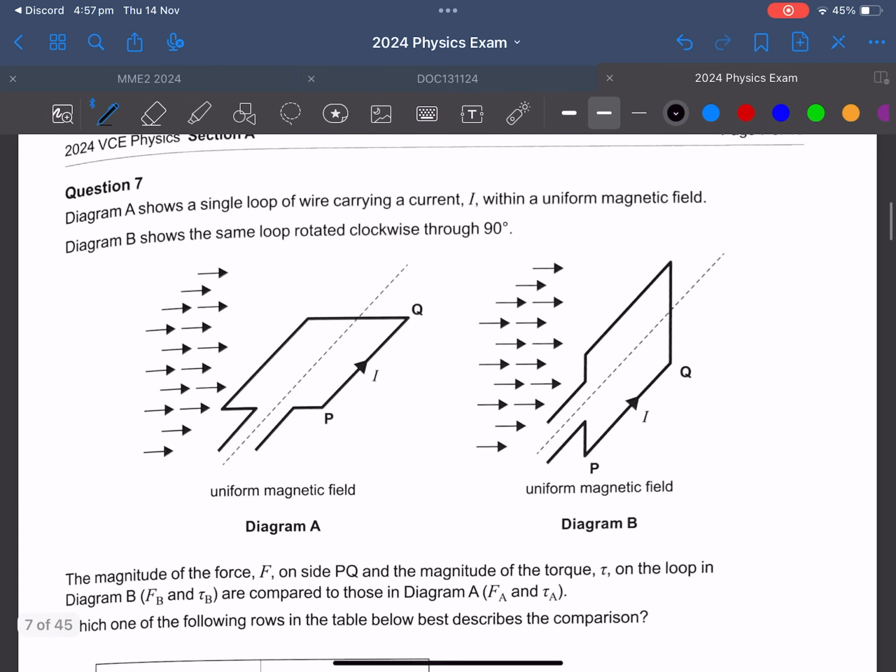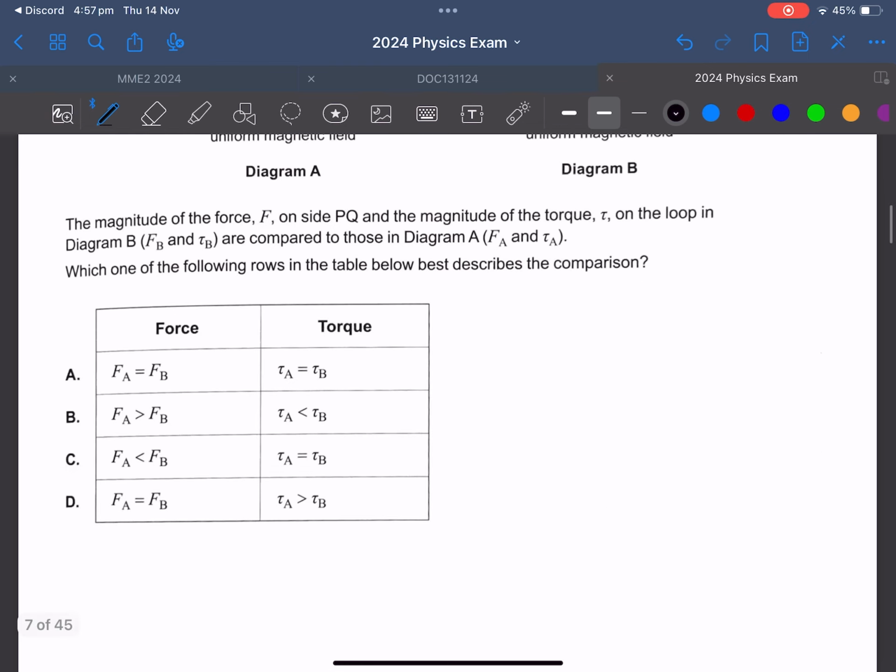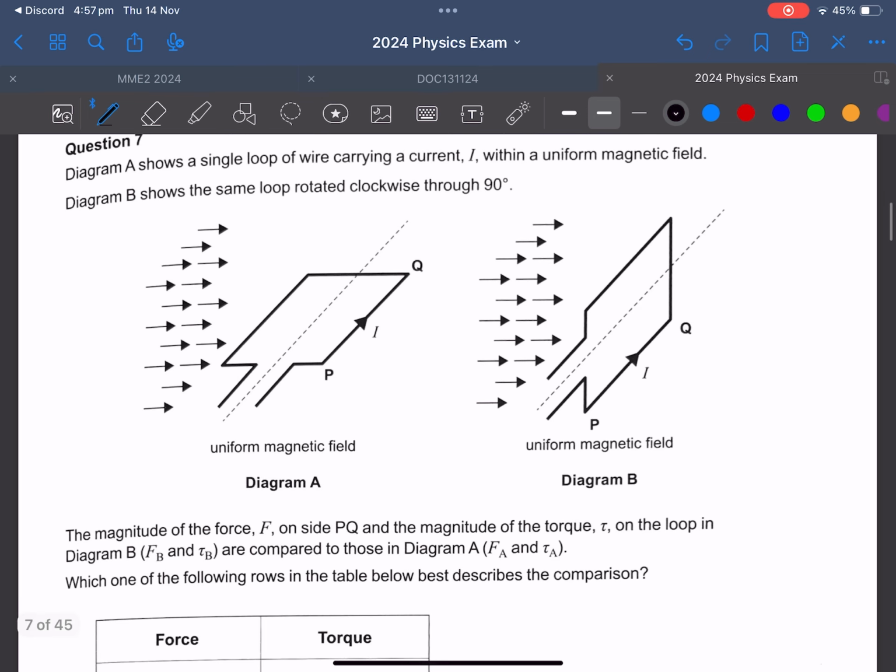Okay, so we have to use our right hand for this. So using our right hand, we can see that the force actually doesn't quite change. So option B and C, we can rule them out. Now if we use our right hand, we point our fingers in the direction of the arrows.